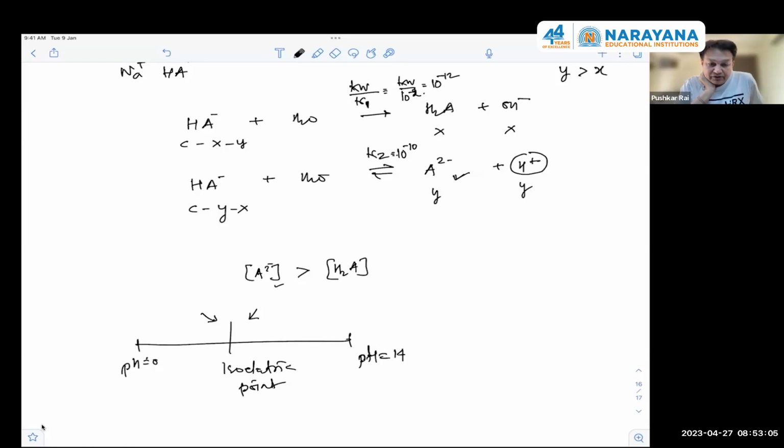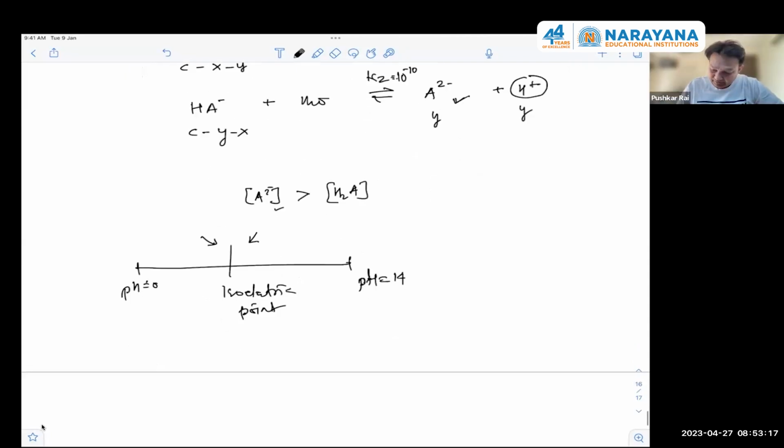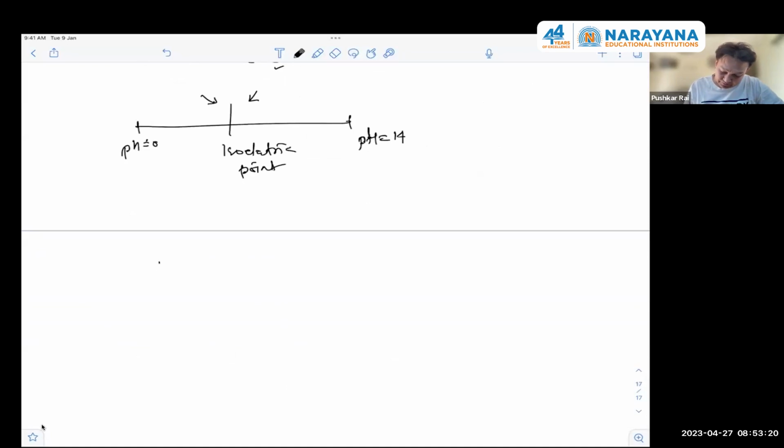Do you understand what I'm saying? Do you agree that when we start titrating H2A with OH negative, first it will become HA negative, then it will change into A2 negative. If A2 negative concentration is increasing, that means we are heading towards the base side.